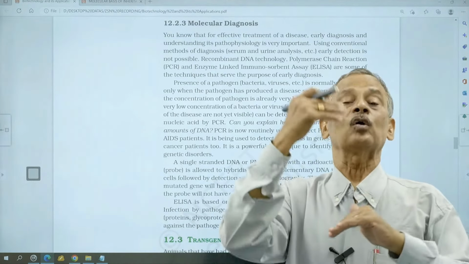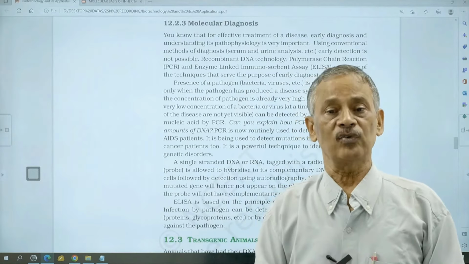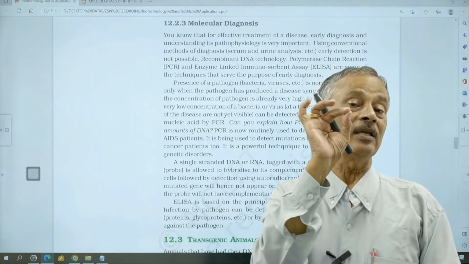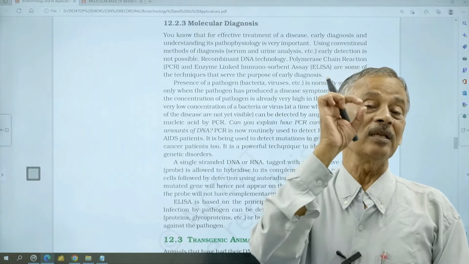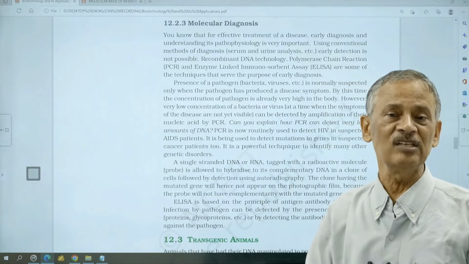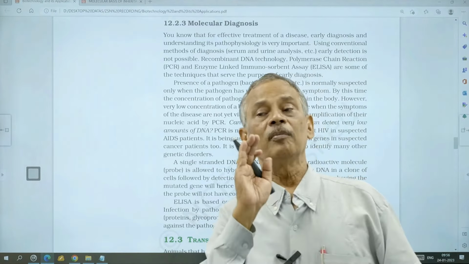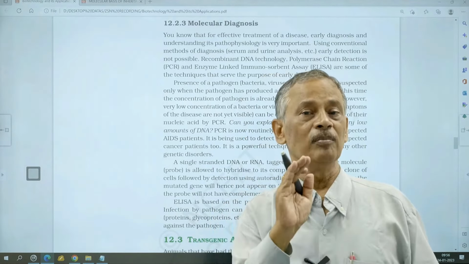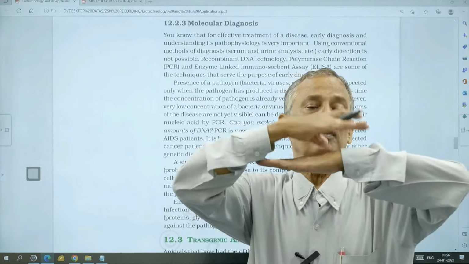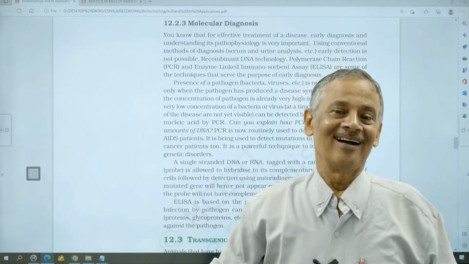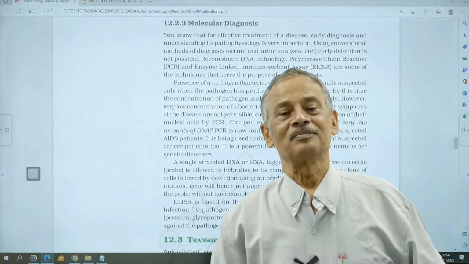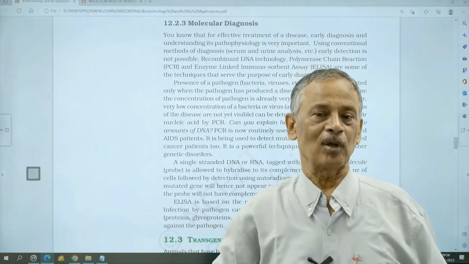Then it is autoradiographed. Since it is having a radioactive isotope, it will be emitting a small amount of radiation. So this radiation will be making a mark on the X-ray film or photographic film placed on the surface of the DNA pieces that are prepared from your body.